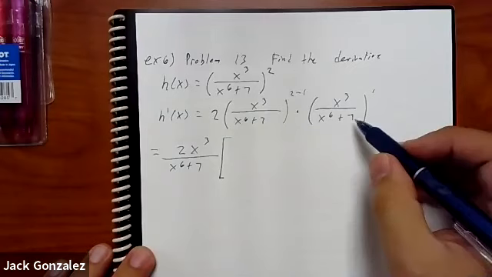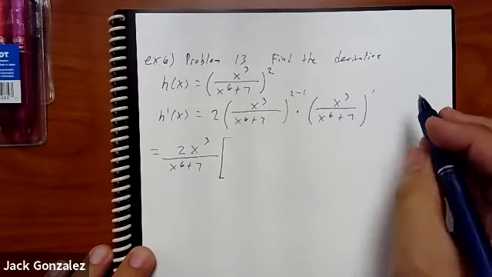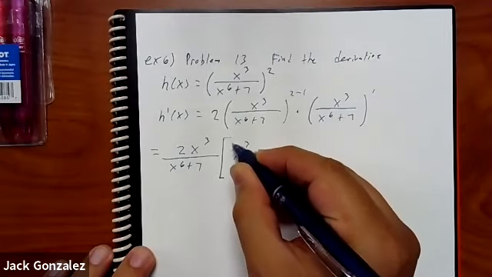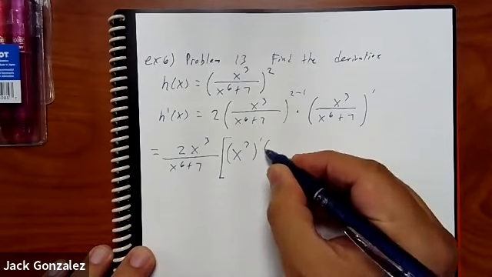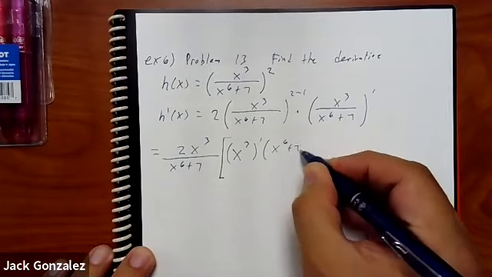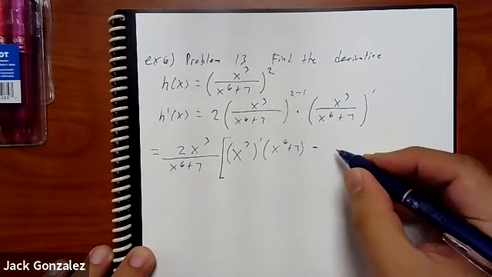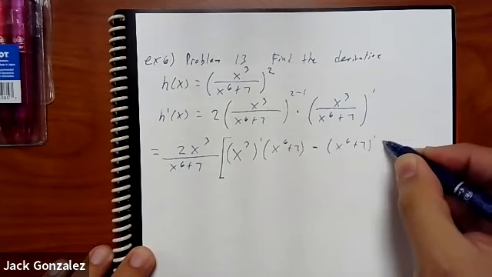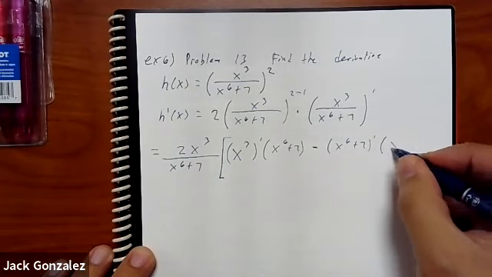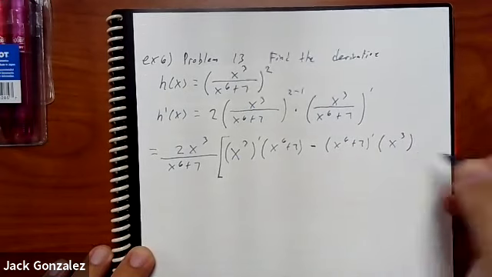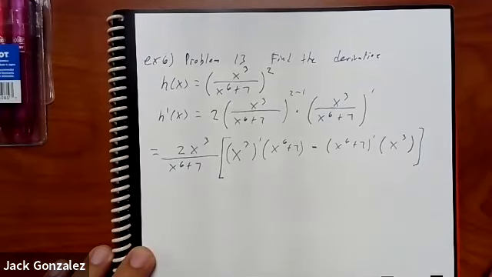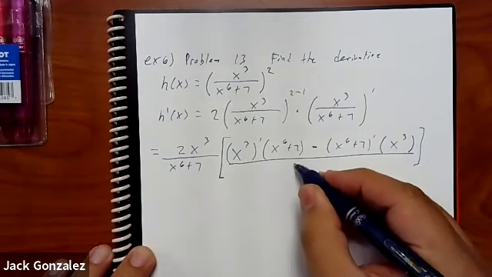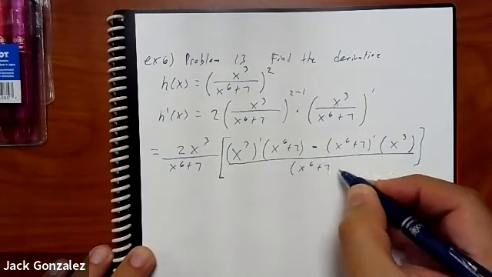So the quotient rule says, you take the derivative of the top times the bottom. All right, I'm going to use the notation, not actually do it just yet. Minus the derivative of the bottom times the top, everything over the bottom squared.